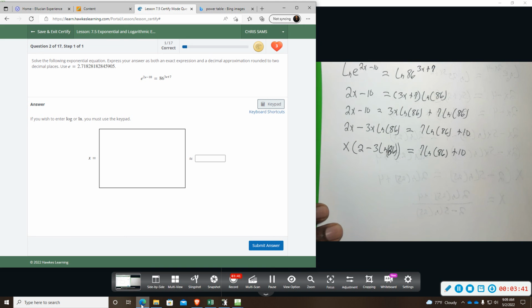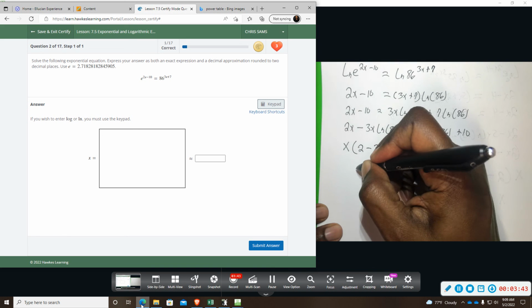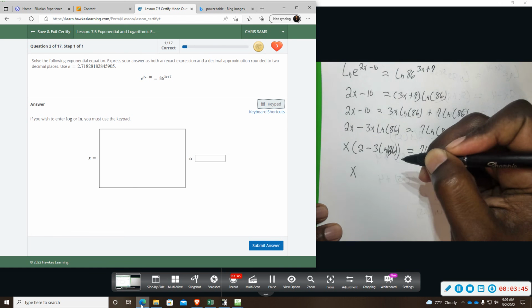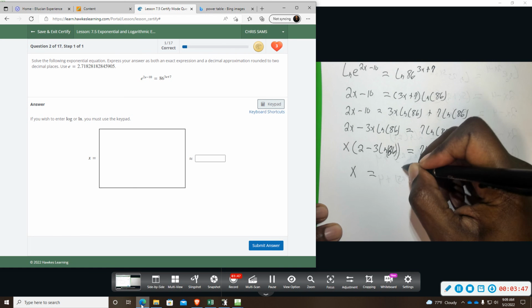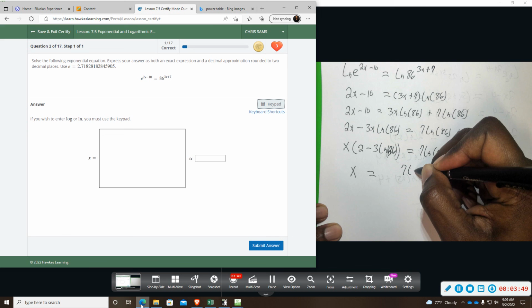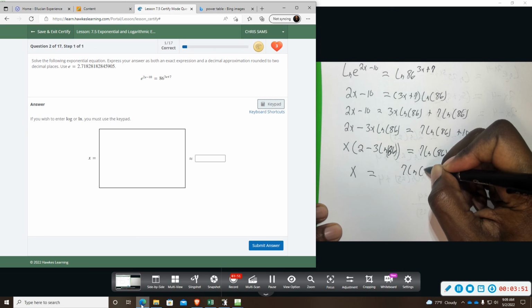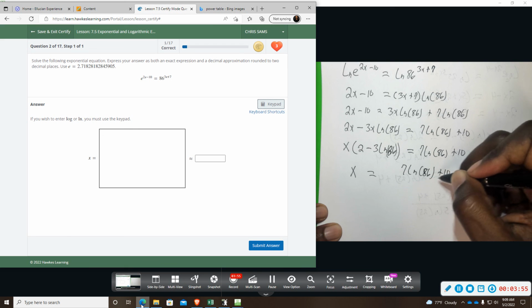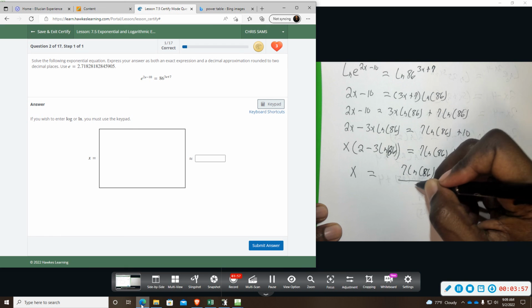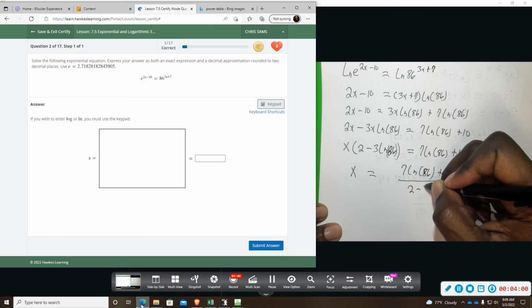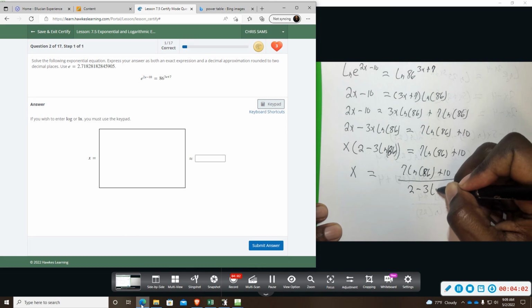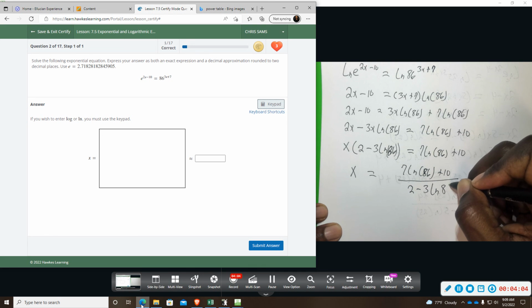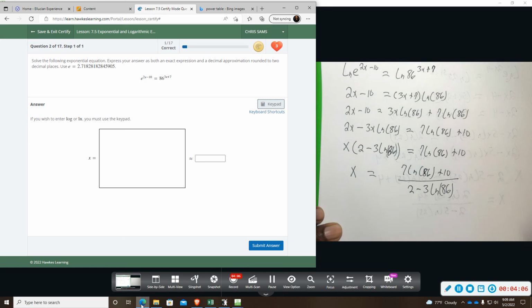And then we'll get there. X equals 7 ln 86 plus 10, all divided by 2 minus 3 ln of 86. Okay.